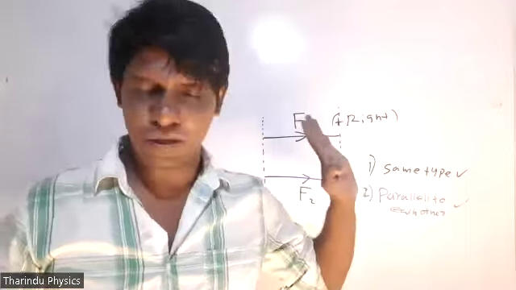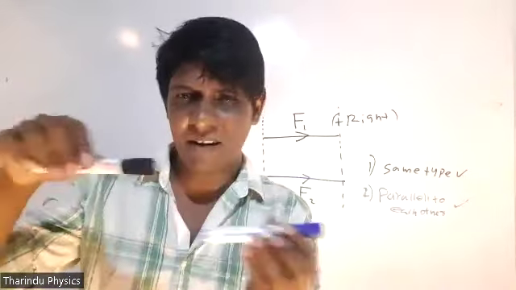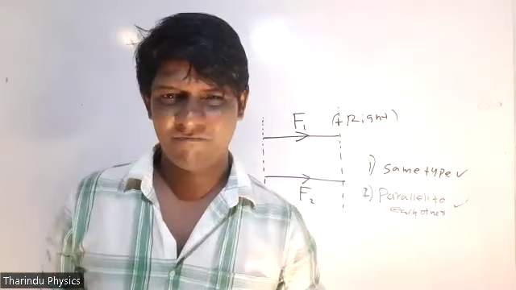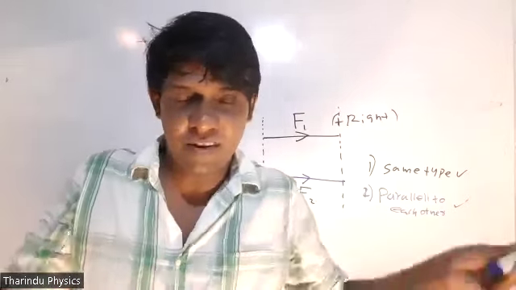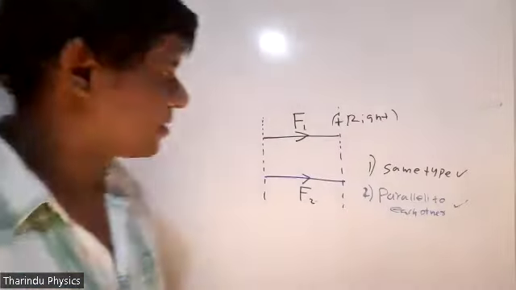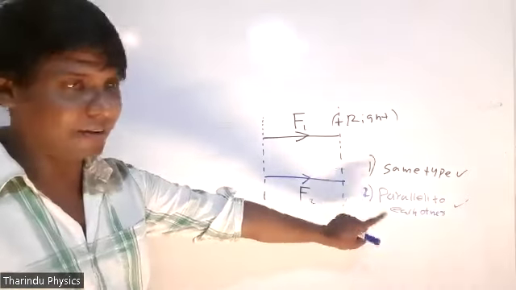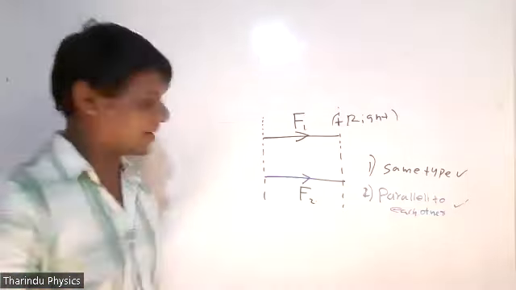Same type of force, yes. But these are not parallel: one is upward, this one is to the right. No, these are not the same. They are moving in two different directions. The second condition is that it should be parallel. Otherwise, you can't call it an equivalent, in all aspects.